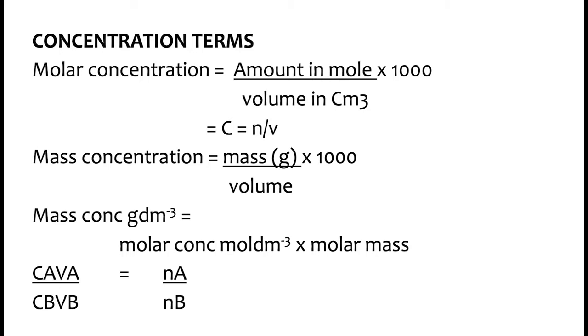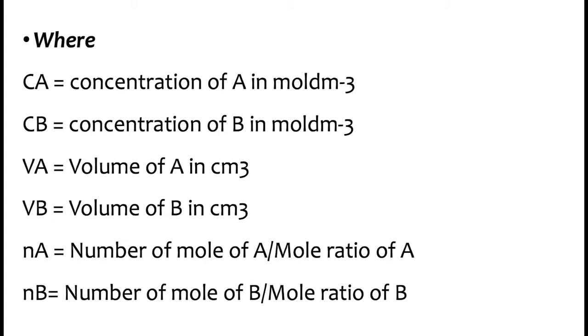Now, if I am to interpret the terms in CaVa, I will say Ca is equal to concentration of A in moles per dm cube. Cb is concentration of B in mole per dm cube. Va is volume of A in centimeter cube.